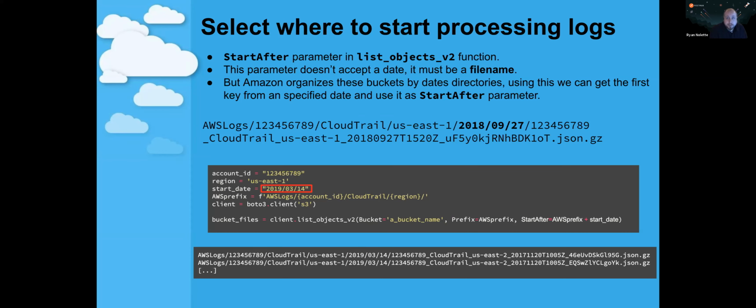Now, one approach to filter by date is to leverage the prefix used by the filter, by the account ID and the region, and adding the date and everything that we want. But the approach would only return logs from the specified day and not from additional days. To solve this, we had to use an argument called start after.